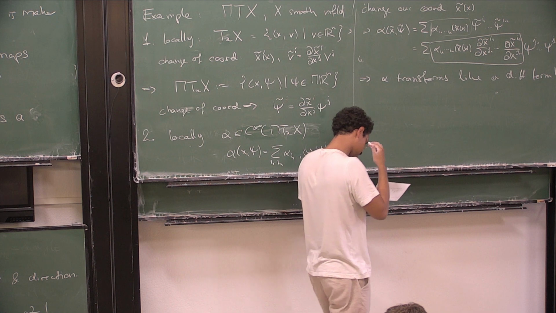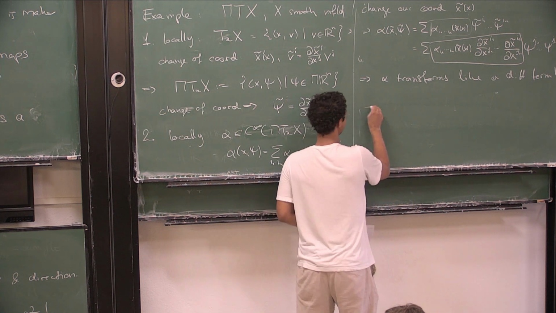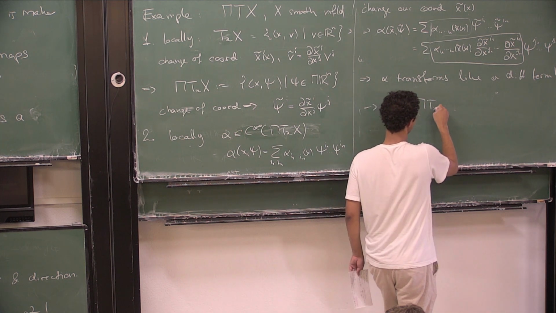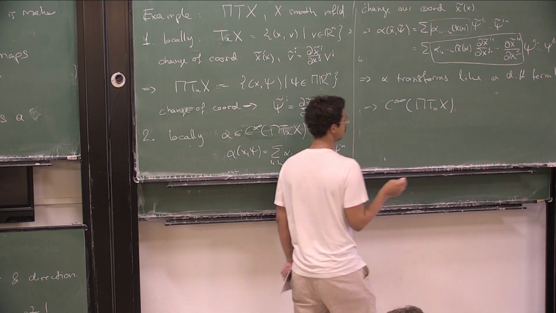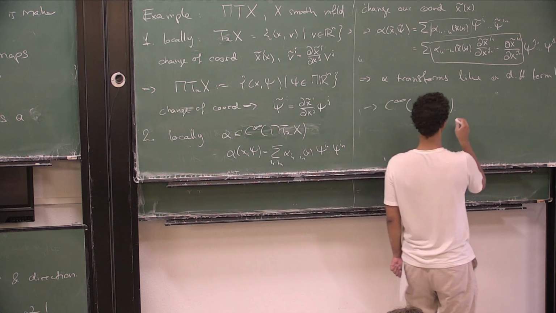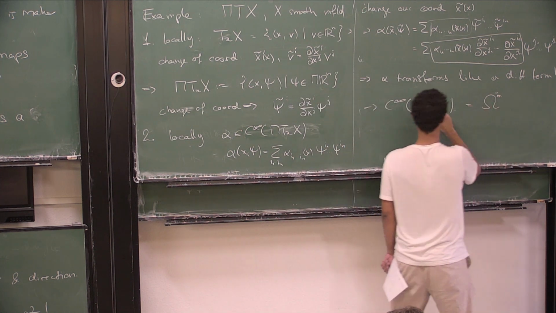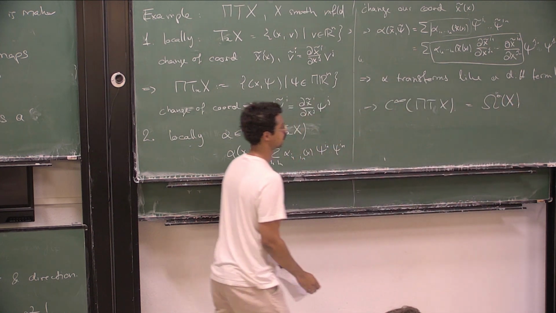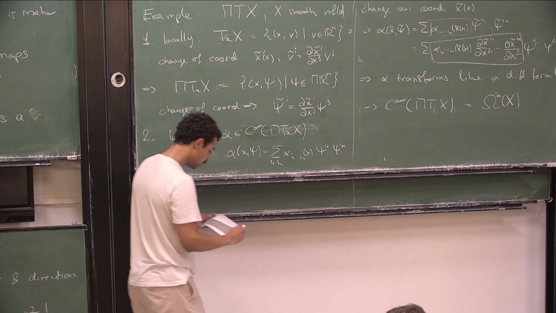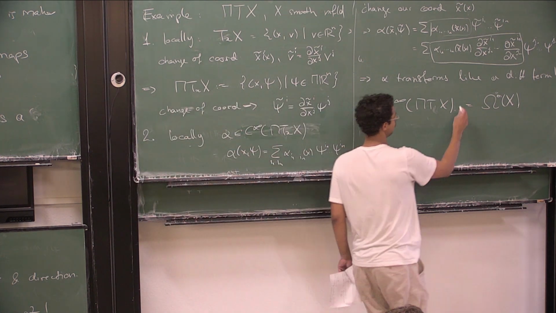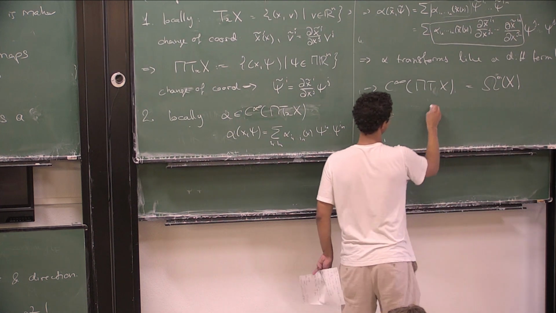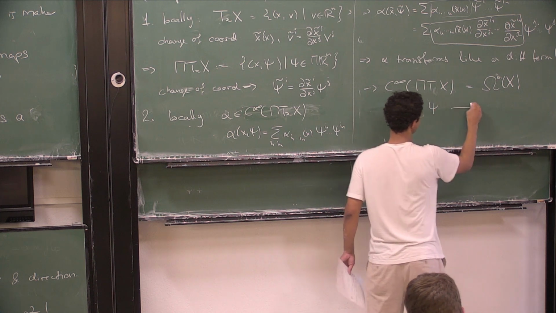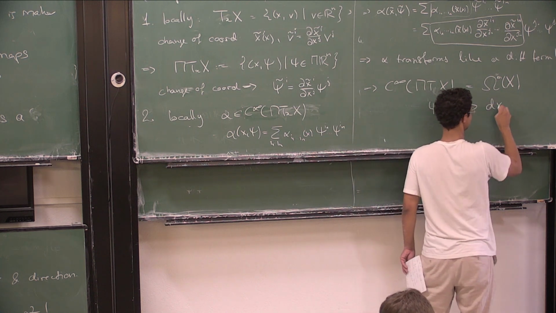So basically what this means is that these functions on ΠTX are locally differential forms. And actually they glue together globally by this property. And what would be the map? Well, the map is this psi^i to dx^i.